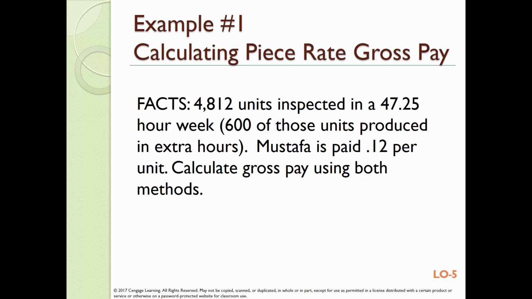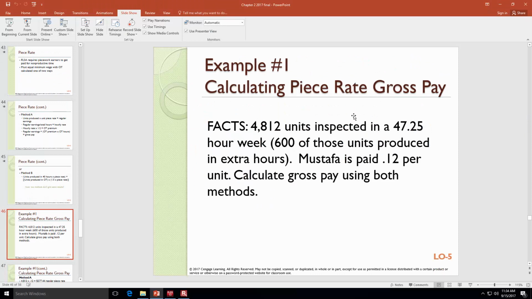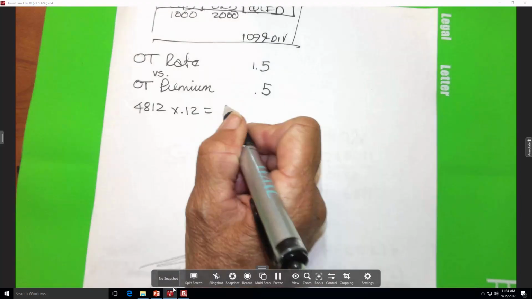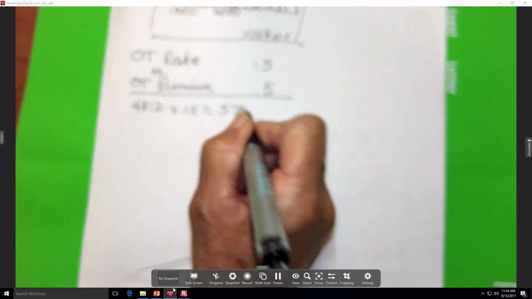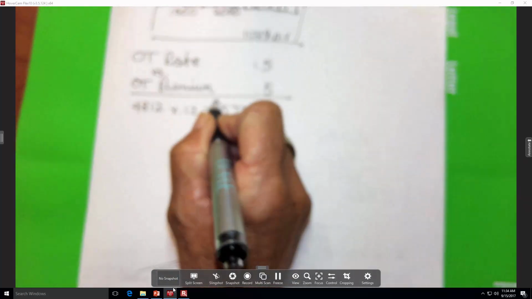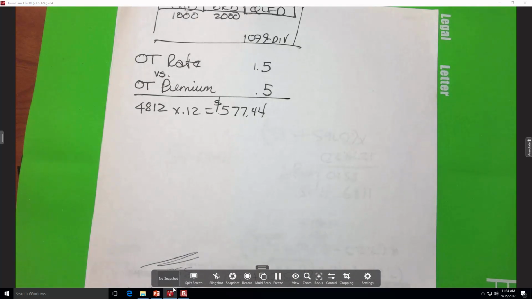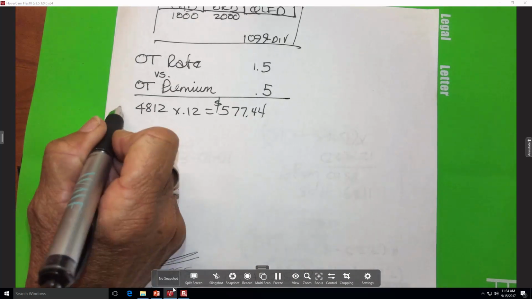That's your first calculation. $577.44. Okay. Step one.